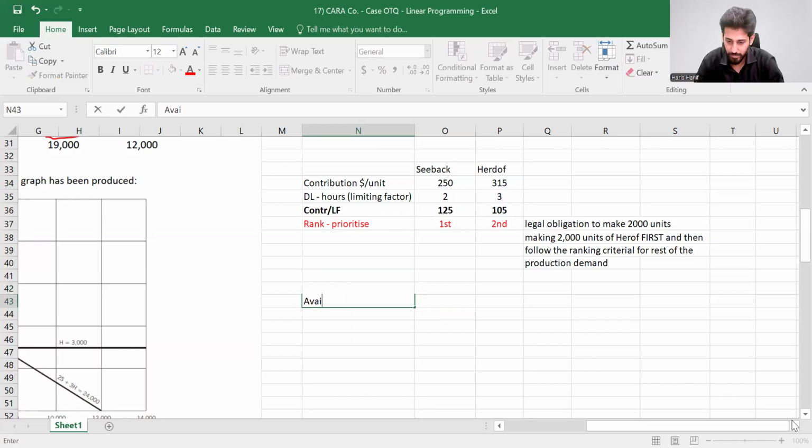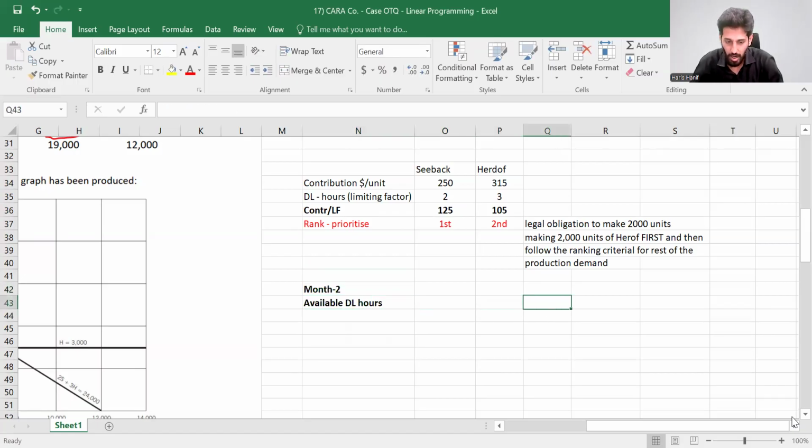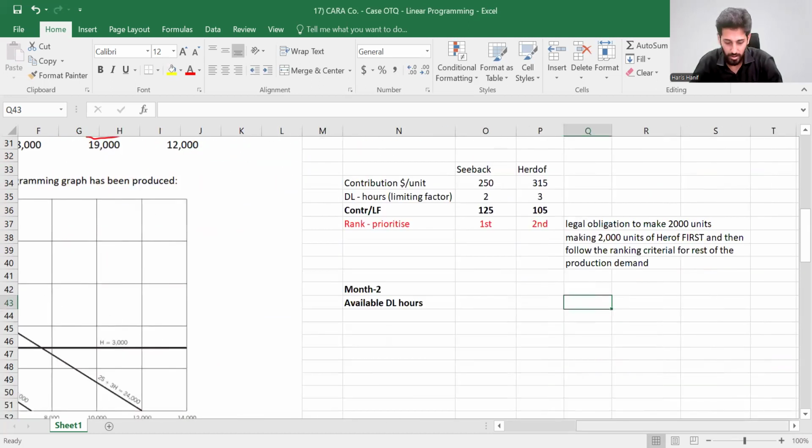How many hours are available? The hours available are 12,000. First, we have to produce 2000 units of Heard of.